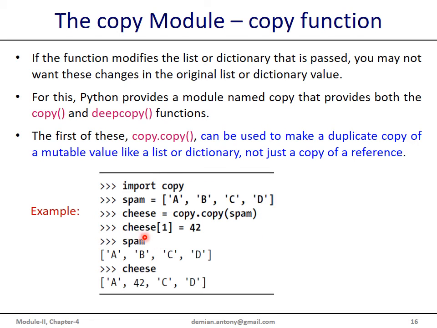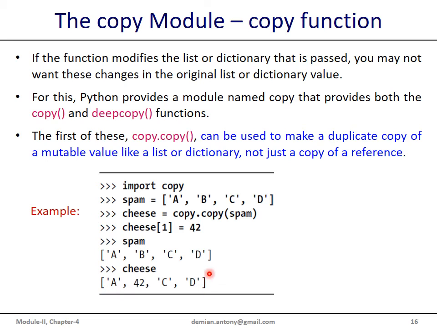If you modify a member of cheese, an item of the list value cheese, it doesn't affect spam, because spam is stored in one particular memory area, while cheese is now created and stored in a different memory location.